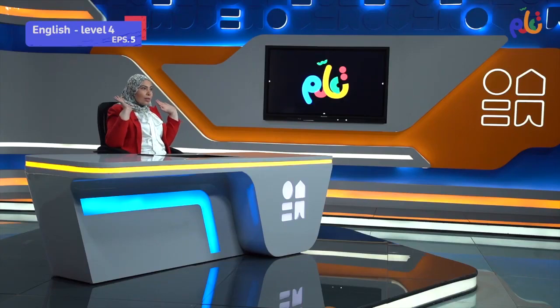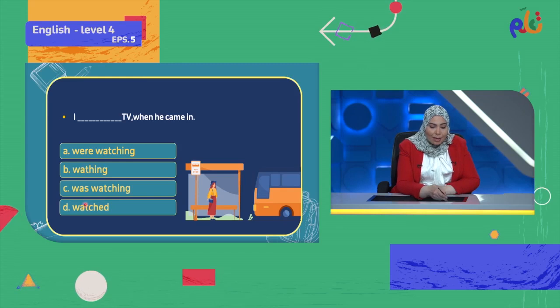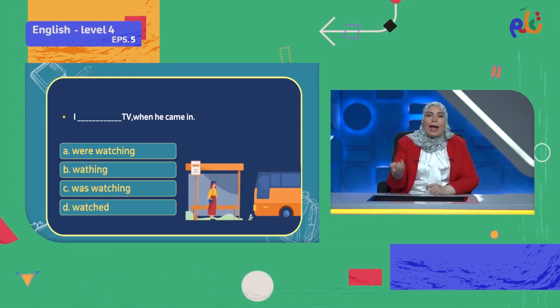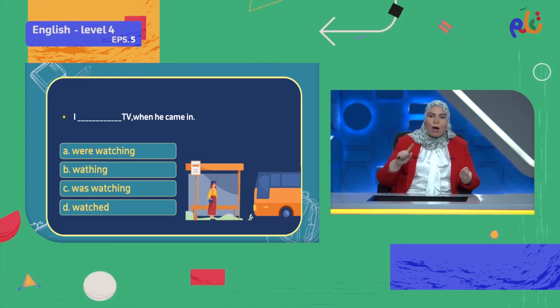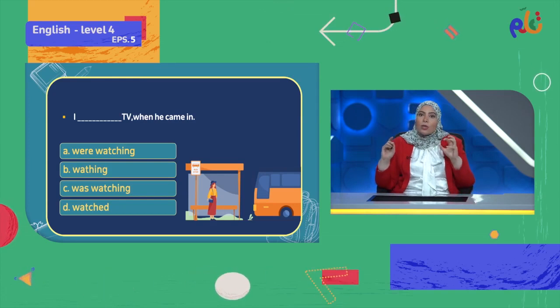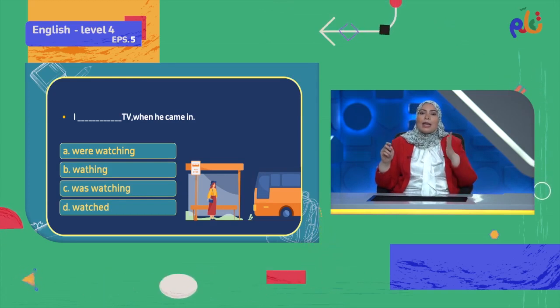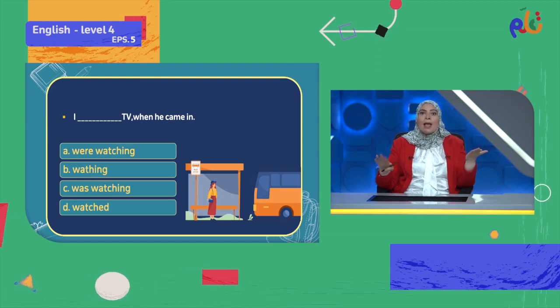The second one, I watched TV when he came. This has a different meaning. He comes first, and then I start to watch TV. So if I use past simple, this would mean that after he came, I watched. If I use past continuous, this means that I was watching before he came, and then I stopped watching because he came.